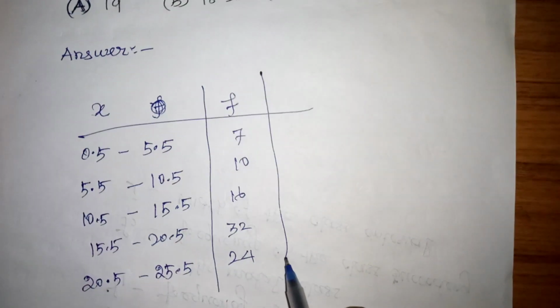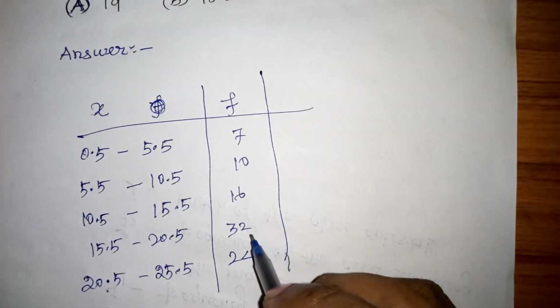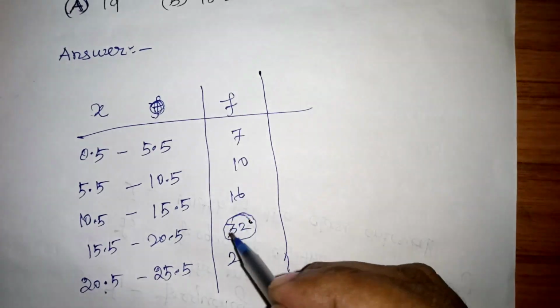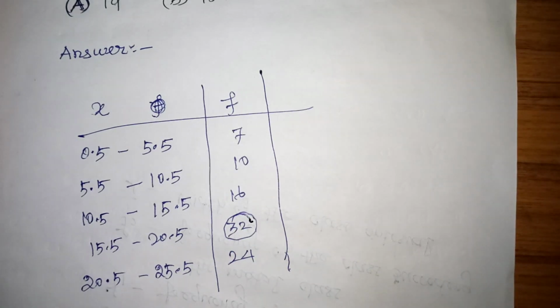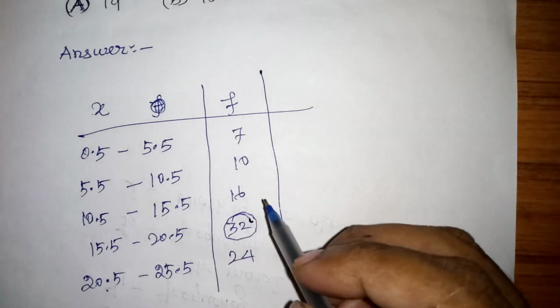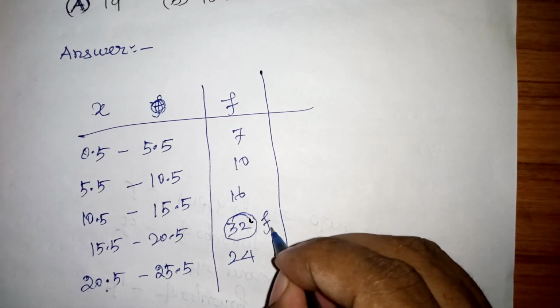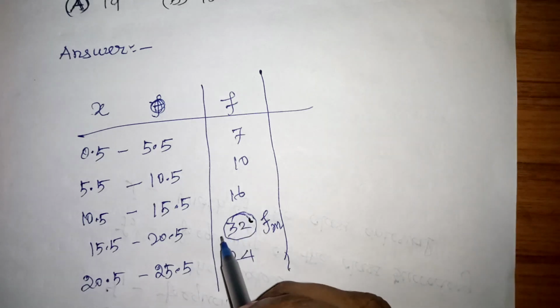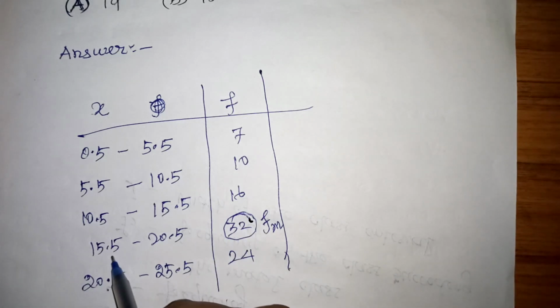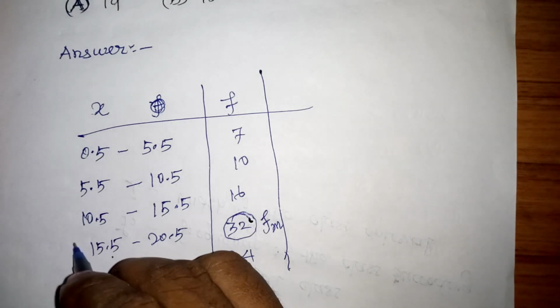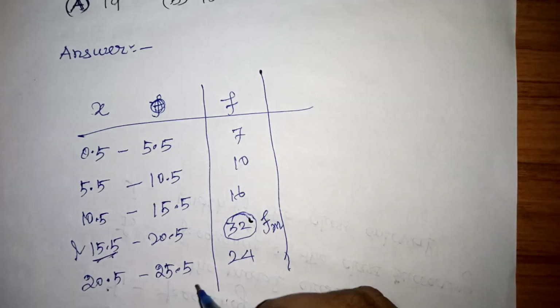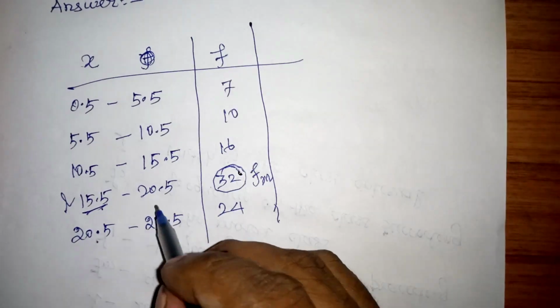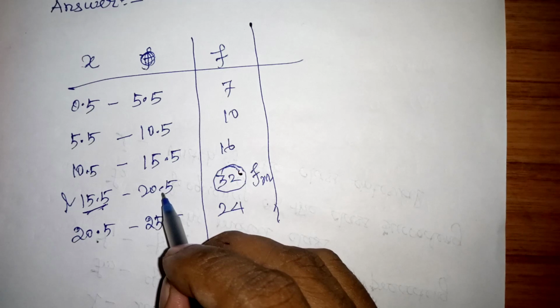Now in this, the maximum frequency value is 32. Therefore 32 is the Fm value, the maximum frequency. The corresponding interval has 15.5 as the lower limit, with 20.5 next.